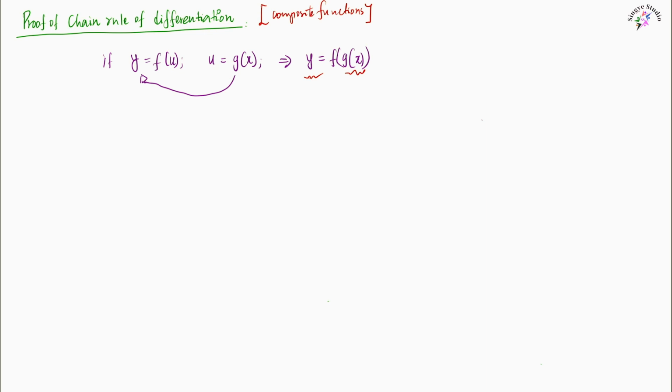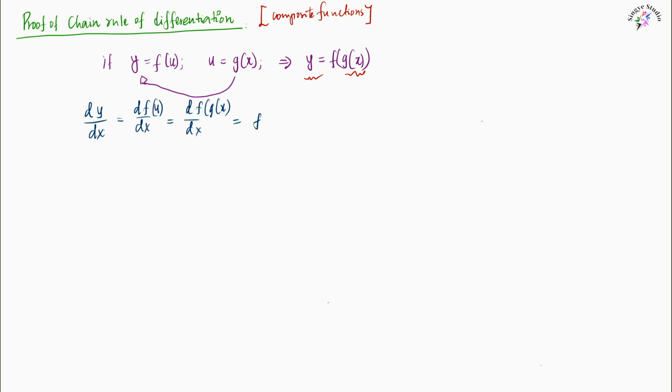Therefore, by the chain rule of differentiation, we have that dy upon dx is equal to the derivative of f of g of x times the derivative of g of x. This is the chain rule.